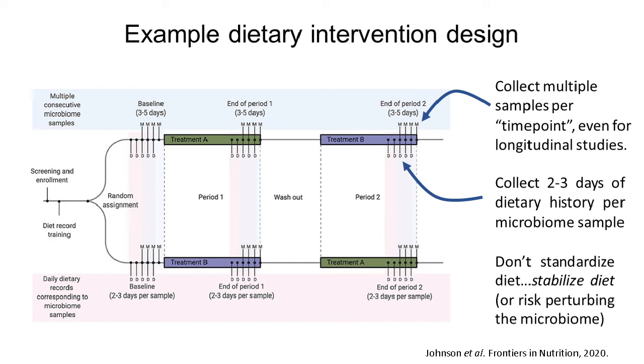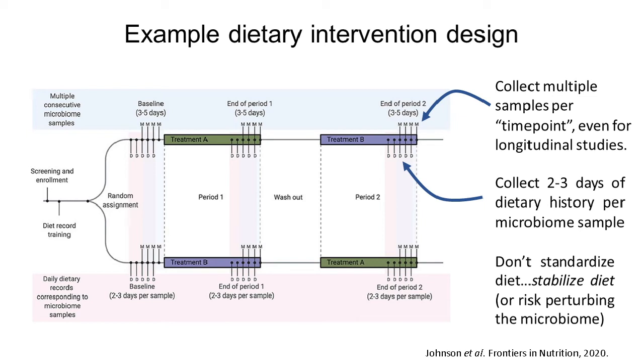This is an example of dietary intervention design where we're trying to test a dietary intervention and assess what the microbiome is before the intervention and after the intervention. What we find is that we actually want to get several microbiome samples before we start the intervention, just to take their average and get a good understanding of the baseline microbiome.